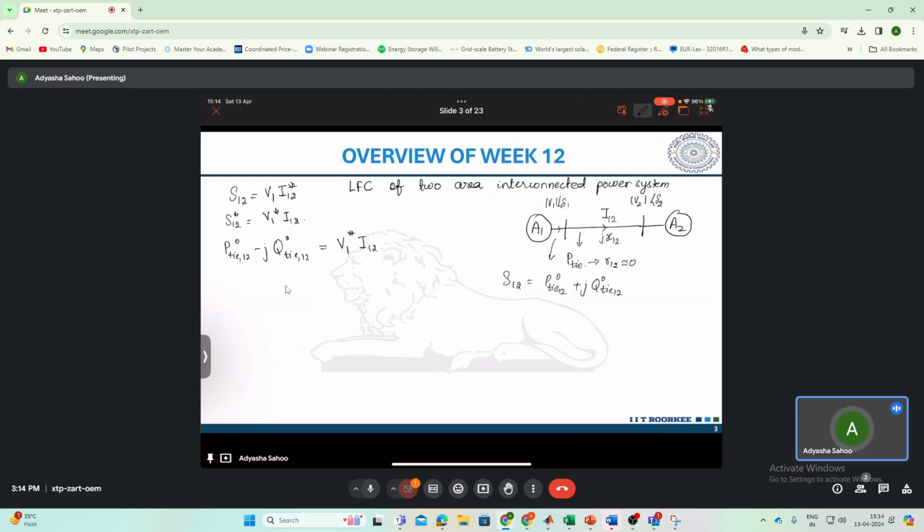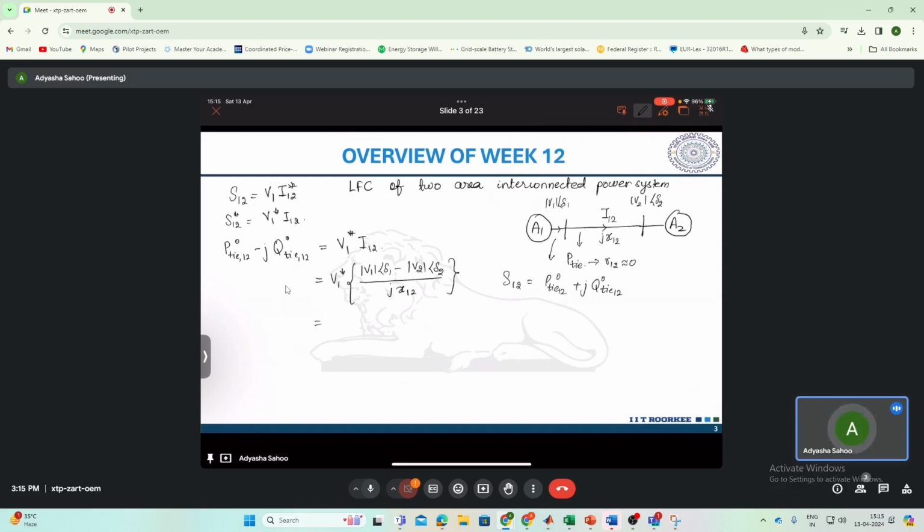So let us now replace I12. What will be I12? The difference between the voltage at bus 1 and bus 2 divided by the reactance of this line. So the difference in voltage is V1 angle delta 1 minus V2 angle delta 2, divided by the reactance, that is jX12.